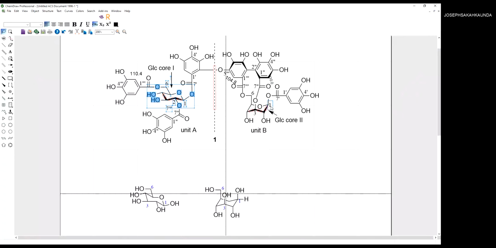You've assigned proton 1 already. I mean, you know it. Maybe it is 4.3. Then you check your HMBC spectrum. This proton, what else does it correlate with but is not part of the glucose unit?